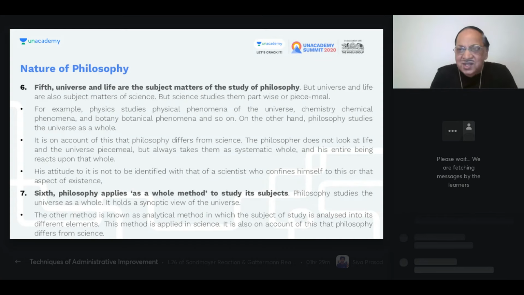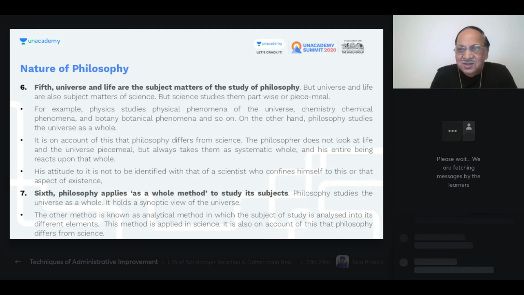So the question is, what is the difference between the study of science and the study of philosophy when both have to study the same subject matters? The difference is that science studies universe and life part-wise, piecemeal. For example, physics will study only physical phenomena.